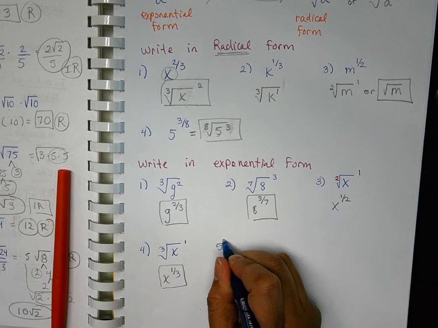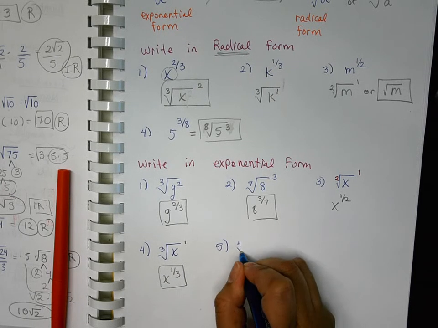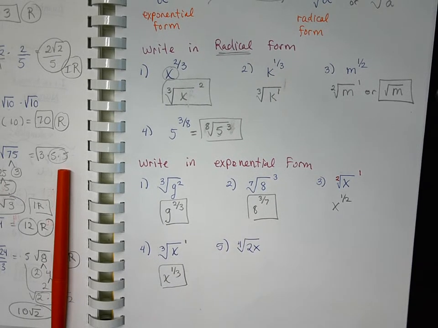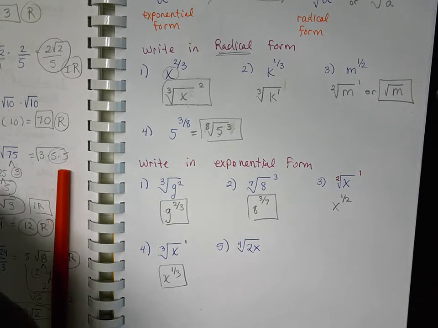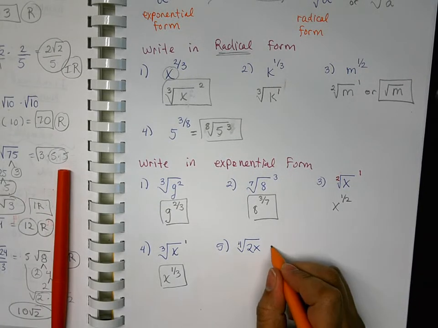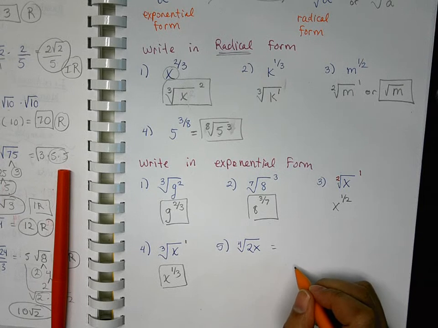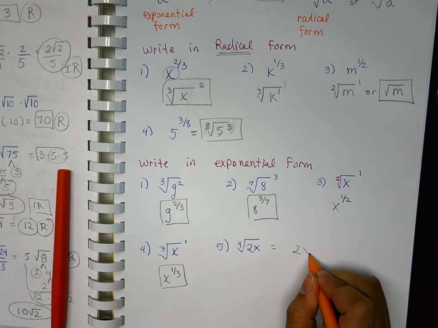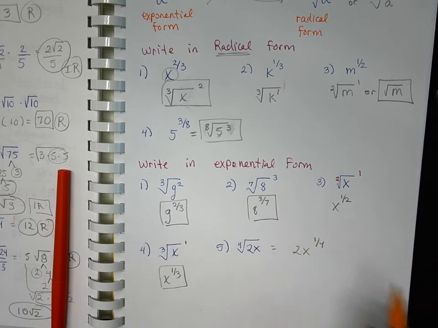All right, number 5. The 4th root of 2x. The 4th root of 2x. Okay, I heard 2x to the 1/4. Now I would get that wrong. I need you guys listening in the back. Anybody tell me why I would get this wrong if I wrote it like this?